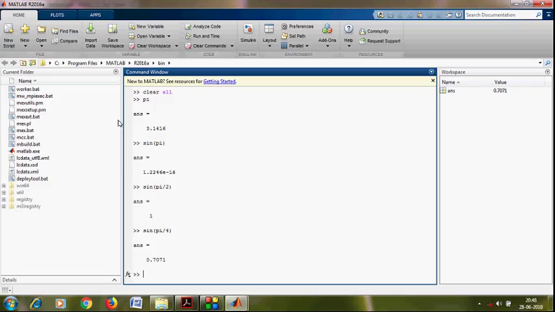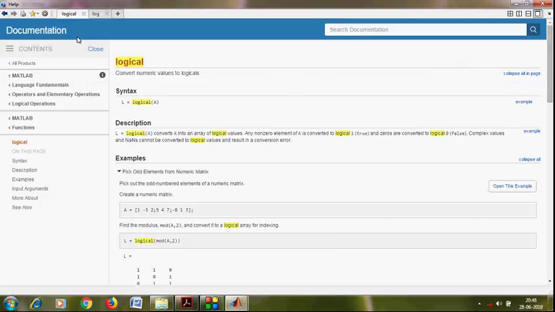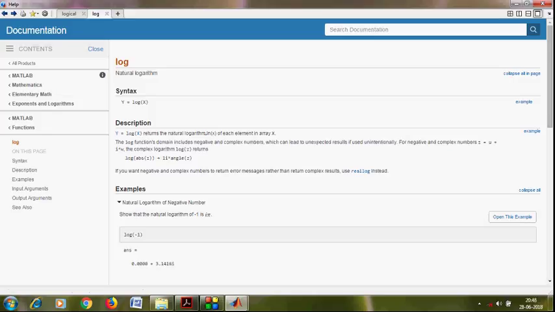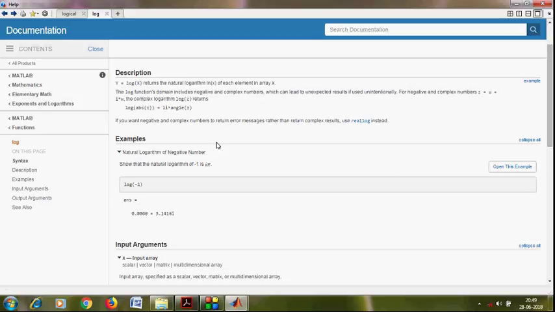Here when I say log, let me go to help and tell you more about it. The log function here in MATLAB can take even complex numbers. So this is the natural log, which we are using, to the base e.